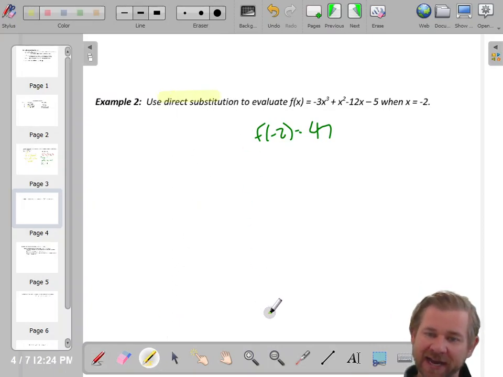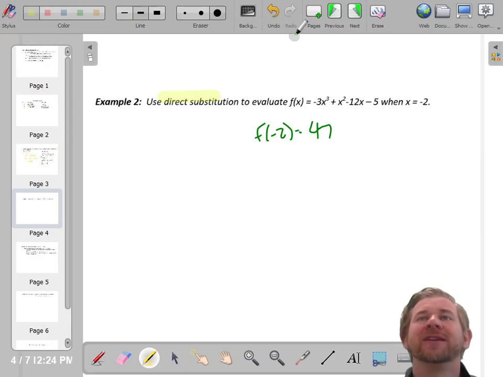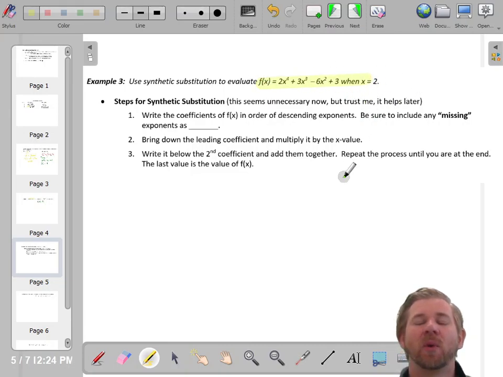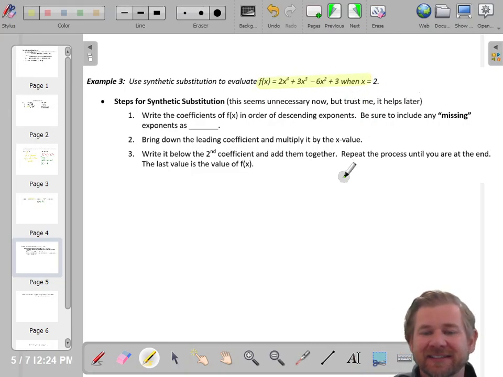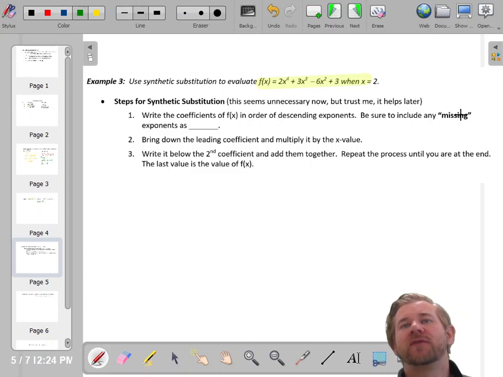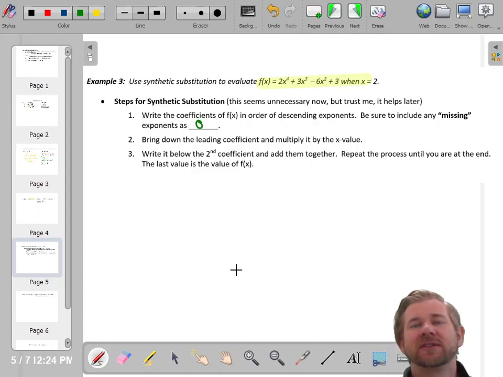But what I'm going to show you now is a fancy thing called synthetic substitution. We're going to do another substitution here, but we're going to do it synthetically. This looks like a magic trick when you see it. You're like, what? How did that work? First thing, when you write your coefficients in standard form, descending order, make sure you include any missing terms as 0.